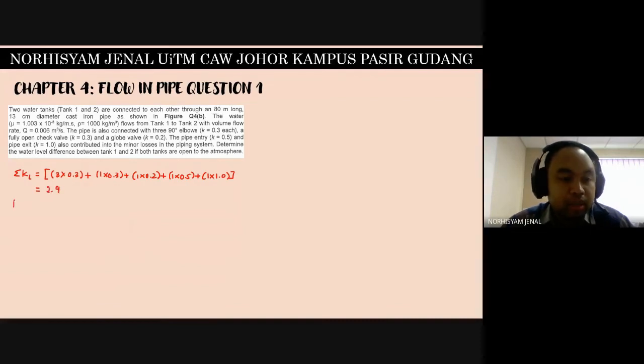So our HL minor should equal to summation of KL, V square over 2G. So 2.9 multiplied by 0.452 square over 2 times 9.81.